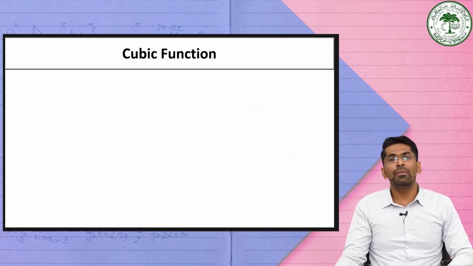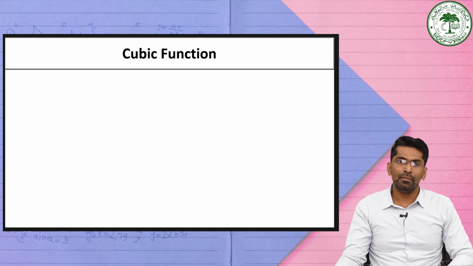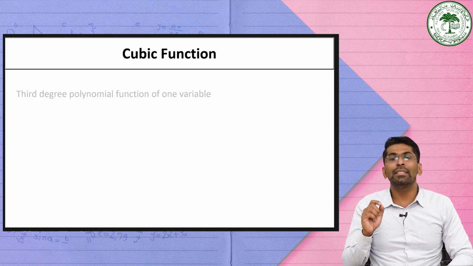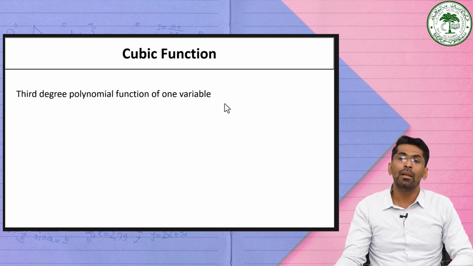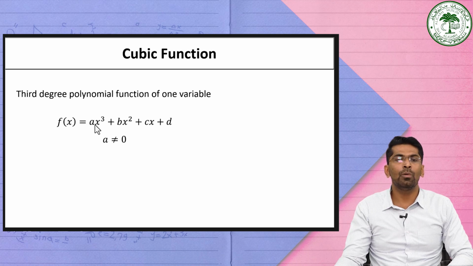Now there is another function which is known as the cubic function. A cubic function is a type of polynomial function of degree 3 with one variable. So the meaning is that the highest power of the variable in this given function is equal to 3. If you go for writing the general form of a cubic function, then f(x) = ax³ + bx² + cx + d, where a is not equal to 0.